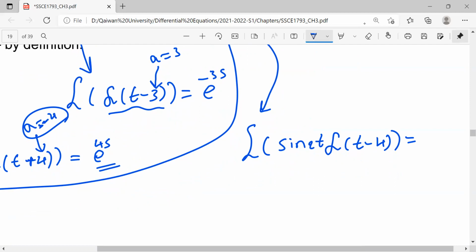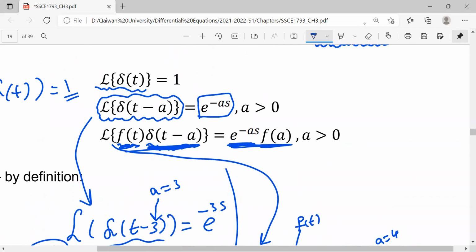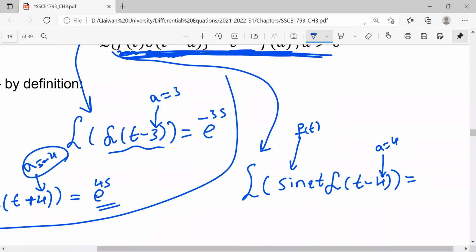Let's first identify f of t and a. Here, this is f of t. F of t is sine 2t, and a is 4. We just apply this rule: e to the power minus as times f of a. That means in f of t, we replace t by a.